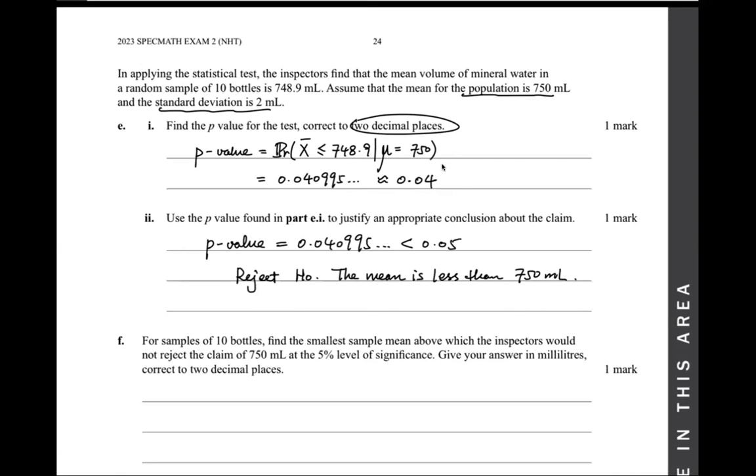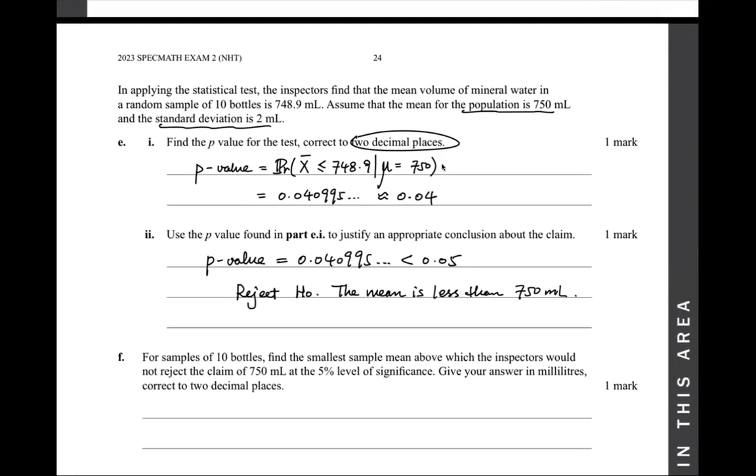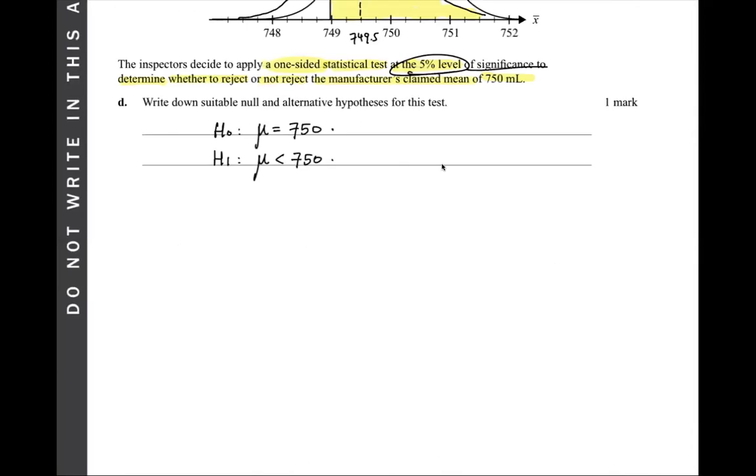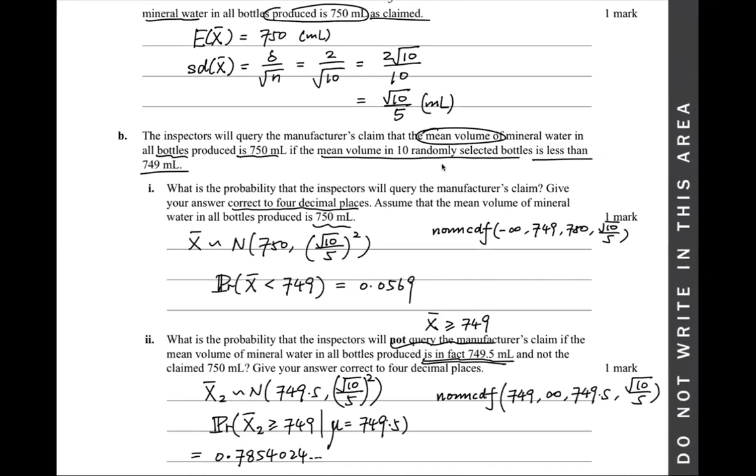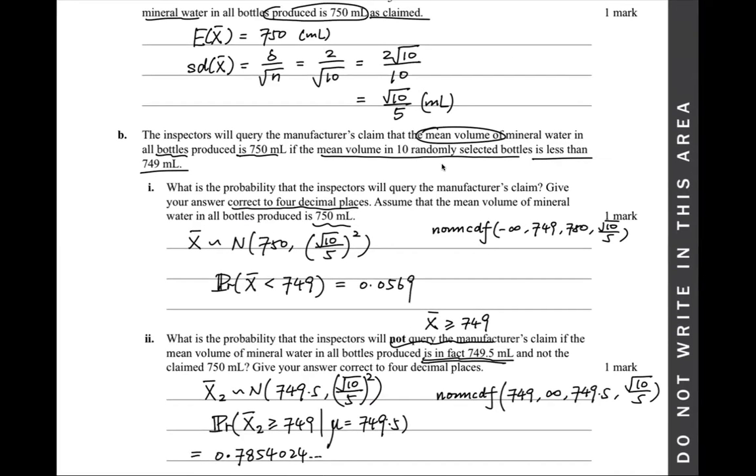So basically that's something we are looking at. But also we will have this sort of a phrase here. The inspectors will query the manufacturer's claim that the mean volume of mineral water in all bottles produced is, blah, blah, blah, if it's less than 749.